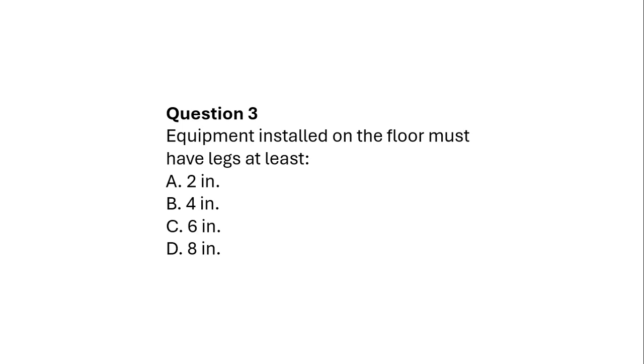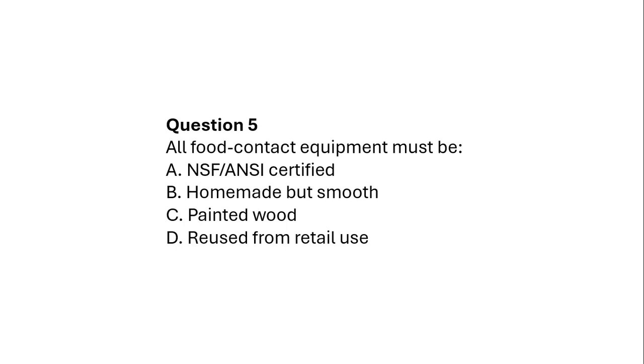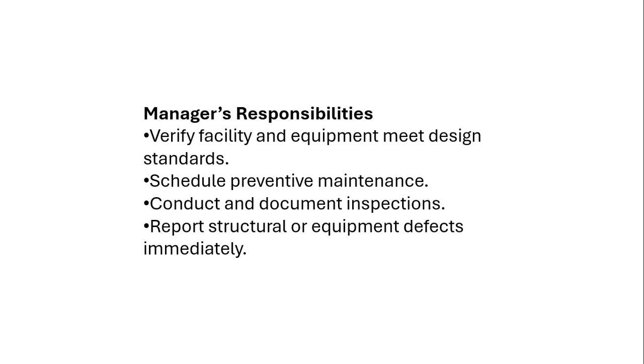Equipment installed on the floor must have legs that are at least how tall? 6 inches. Yep, see? The final rinse for a high temperature dish machine should be at least what temperature? 180 Fahrenheit. All food contact equipment must be A. Yep. NSF, ANSI certified to make sure it's durable and cleanable.